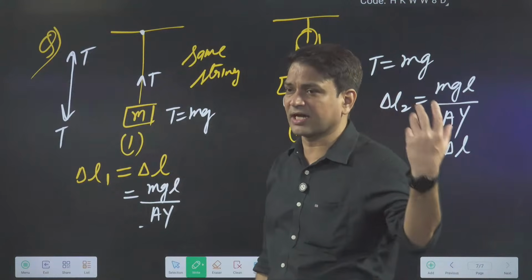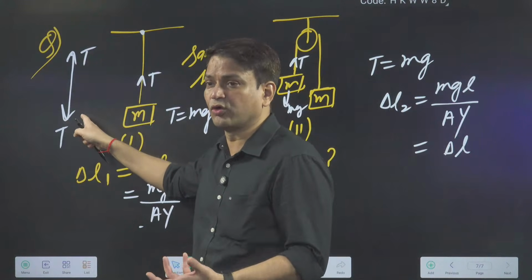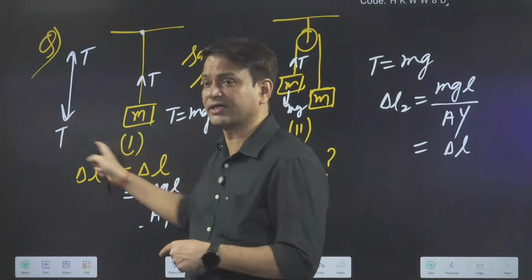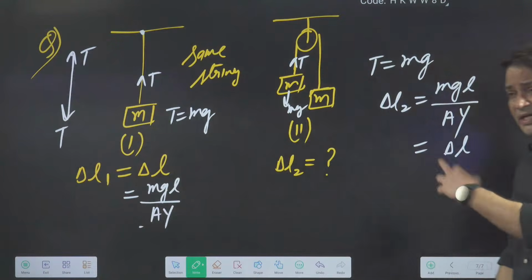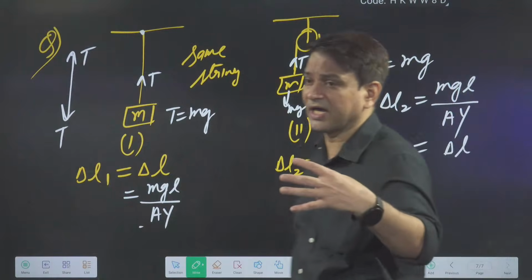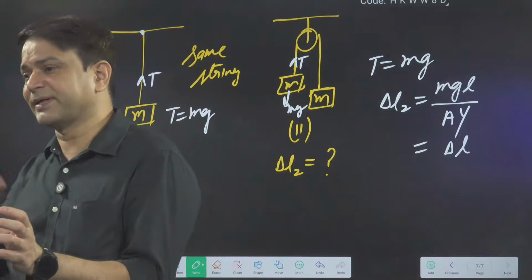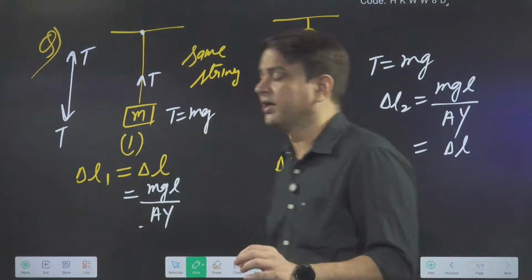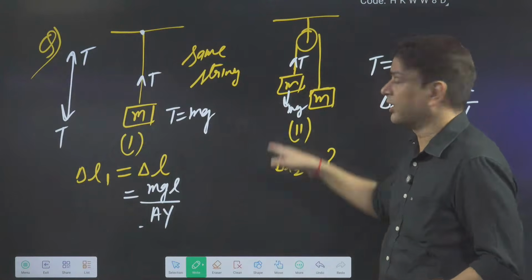Okay. And last class I discussed net force is 0, but here we get the restoring force equal to T, and what is T? mg. So here we got the tension equal to mg. In this case, I'm not suspending the string from the roof. Here, what I did, I suspended the mass m on both sides. Ultimately the situation is same.